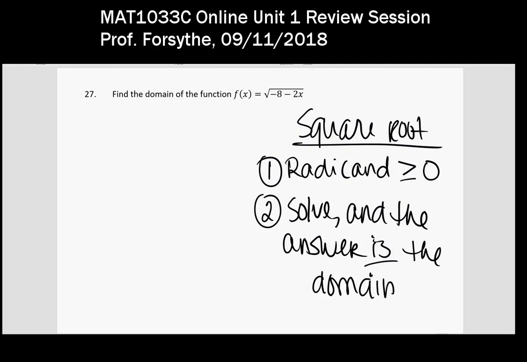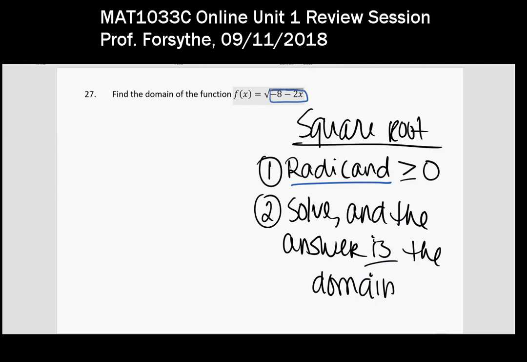Now, radicand, what is she talking about? The radicand is just what's underneath the square root. So, what makes a square root undefined? We don't want the square root of a negative number. The square root of a negative number takes you outside of the real number system. We are going to learn what you do get, but that's not until early November maybe.